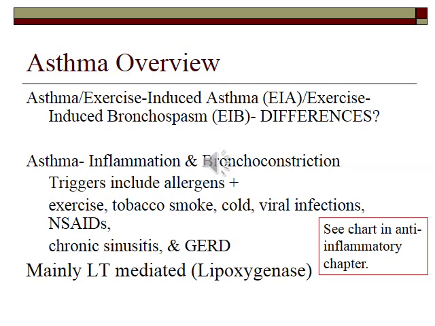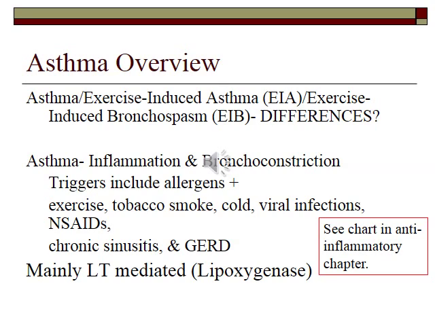So there's actually an inflammatory process that goes on in addition to the bronchospasm. Exercise-induced asthma is when the asthma has a trigger of exercise. So the exercise will bring about the bronchoconstriction and the inflammatory response. Exercise-induced bronchospasm does not involve an inflammatory response. It only involves the bronchoconstriction. So that's the difference between them.